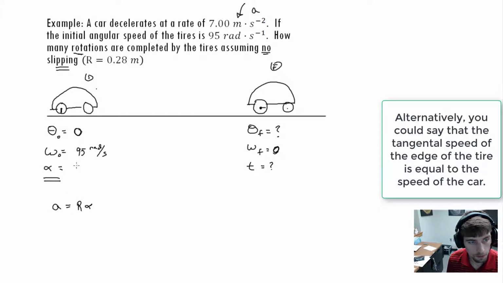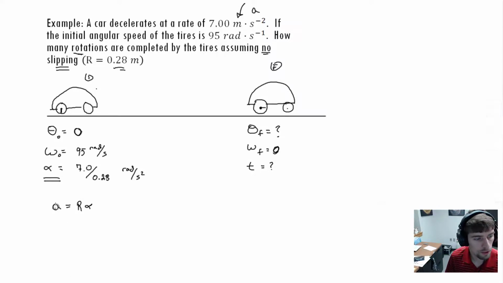So this must be 7.0 divided by the radius of the wheel, 0.28. Of course, the units on this would be radians per second squared. Okay, well, very good.